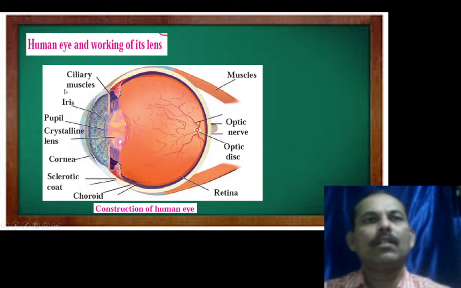So we'll see once again, this membrane is known as cornea, and behind that a fleshy muscle like iris, and in that iris a small hole, that is pupil, and behind that a lens. So these are the parts which we already described.